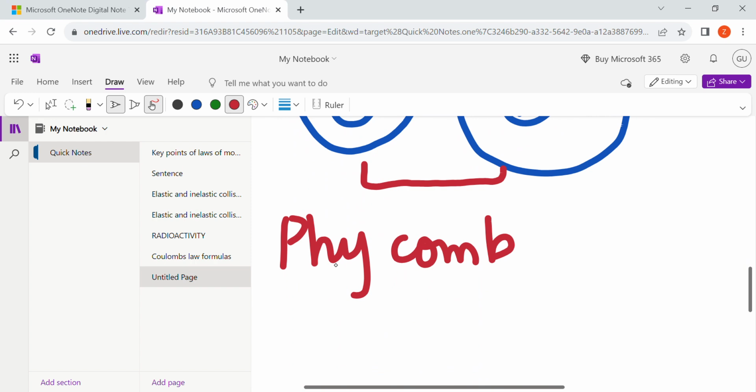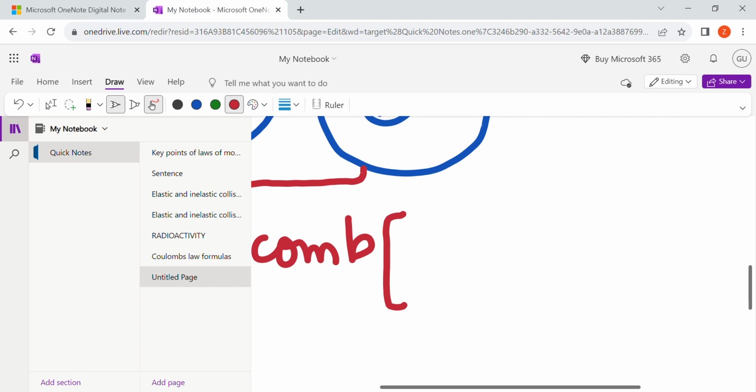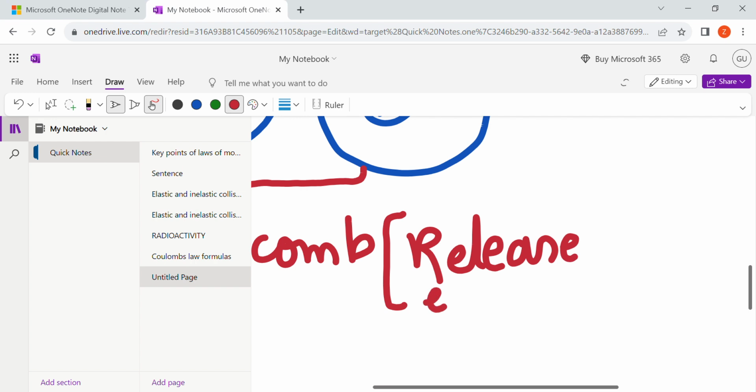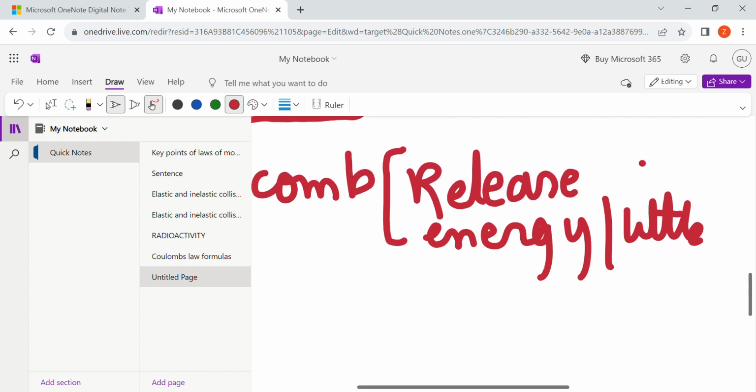Before starting this lecture, I told you that when the electrons combine, they release energy. So here energy would be released and they'll get a little stability. Just a little stability, not more.